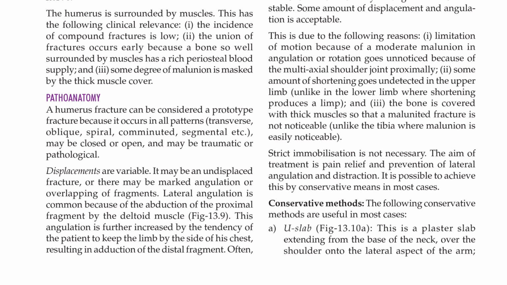May be closed or open, may be traumatic or pathological. So displacement are variable. It may be an undisplaced fracture, or there may be marked angulation or overlapping of fragments.